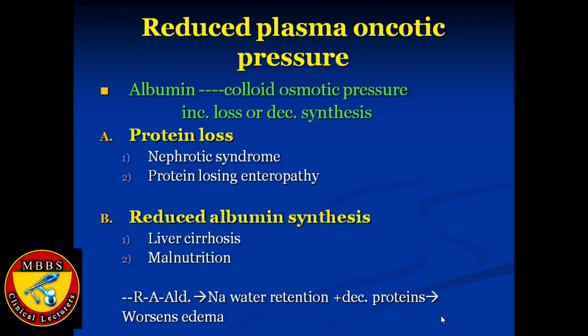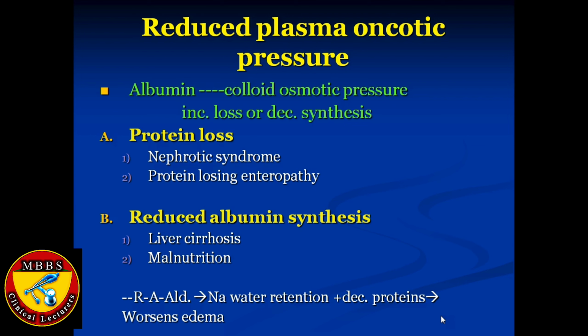Now another pathophysiological state would be, as I told you, when the plasma osmotic pressure is decreased. This can occur when there is reduced albumin synthesis or increased protein loss. The cases where excessive protein loss occurs are the nephrotic syndrome, which is a common finding especially in diabetics, or certain protein losing enteropathies.